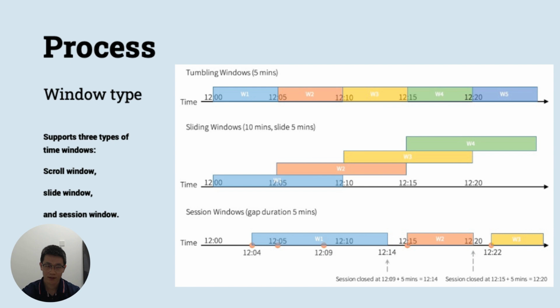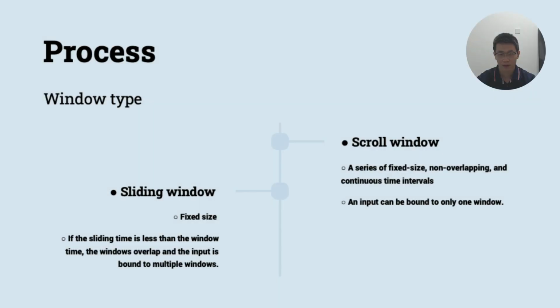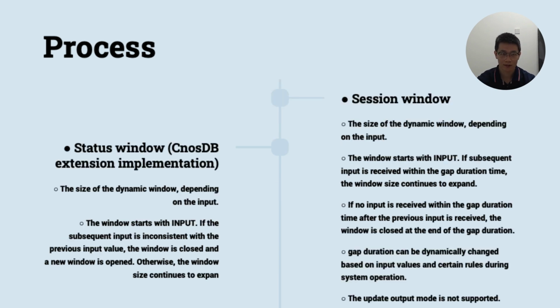In addition to these 3 types of windows, there's also the state window. The state window is used in stream processing and also in time series scenarios. It's quite common in this context. Of course, we'll extend experiments in CnosDB, but I won't go into the specifics today.